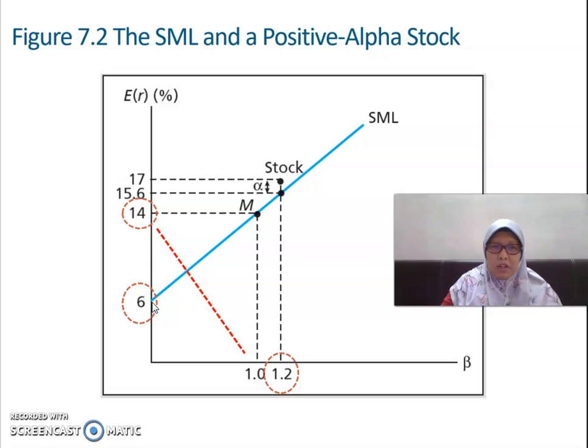The expected return of the market is 14, so you plot 14 here, at market beta of 1. However, if beta is 1.2, higher, obviously your stock return will be higher, that is 15.6. Okay, that is all on SML.